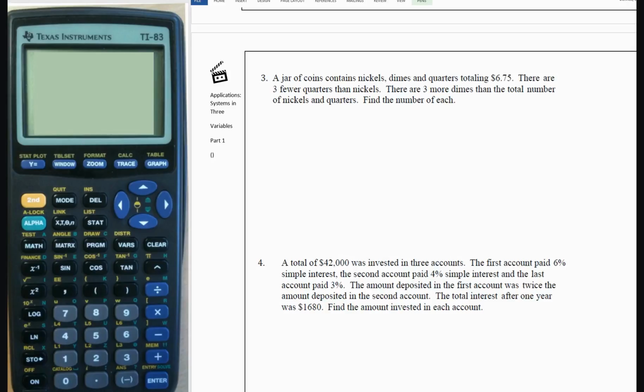There are 3 more dimes than the total number of nickels and quarters. Find the number of each. Okay, so first let's define our variables. Let N be nickels, D be dimes, and Q be quarters.